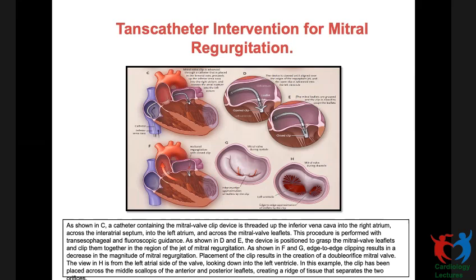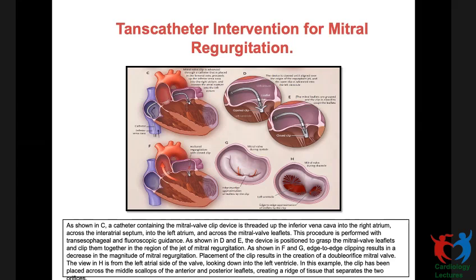You pass a catheter with a stitch-like device, and then you put a stitch so that the orifice size comes down and you have a double orifice. What is that name? Alfieri technique, sir. Alfieri, that fellow, he's a Russian surgeon actually.